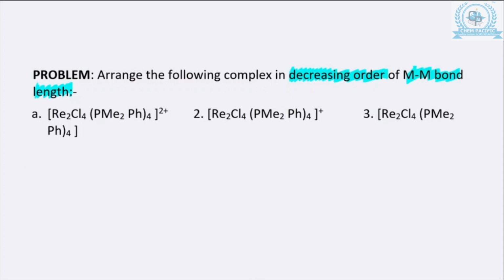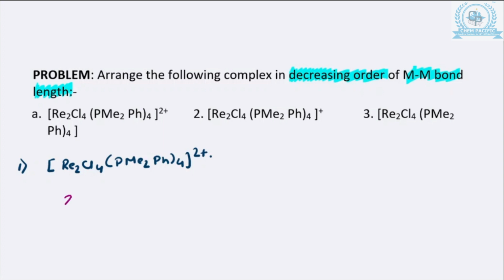Now let us solve the first one, point number 1, this complex. Clear? So again the same formula I'm going to use. You are having two metals.